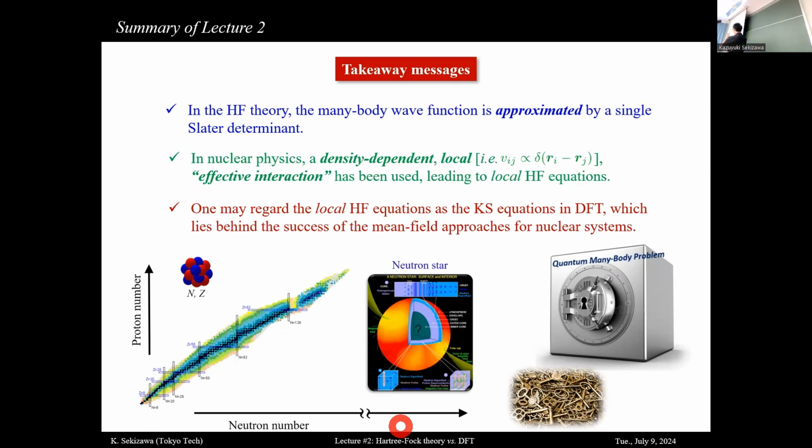So many known data are reproduced by fitting the parameters.